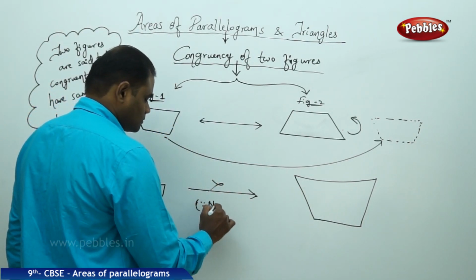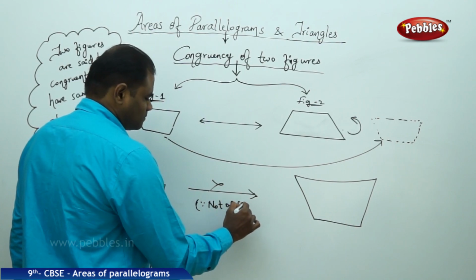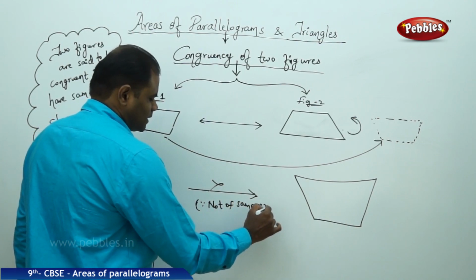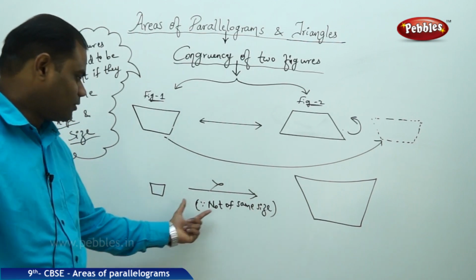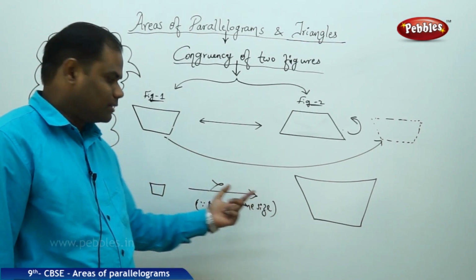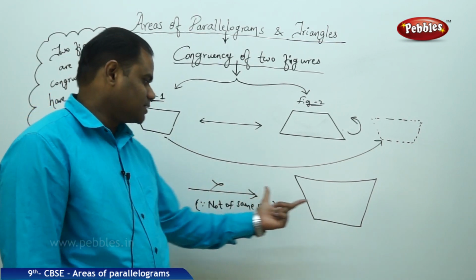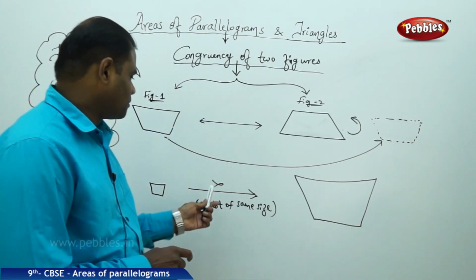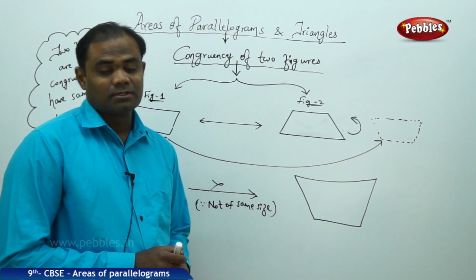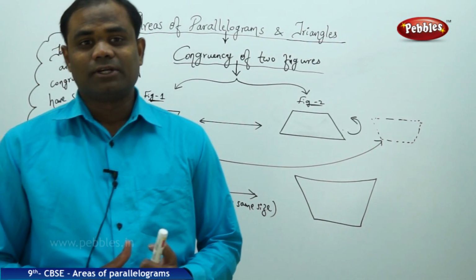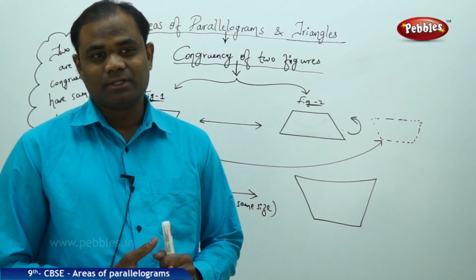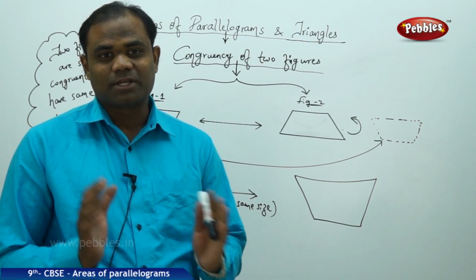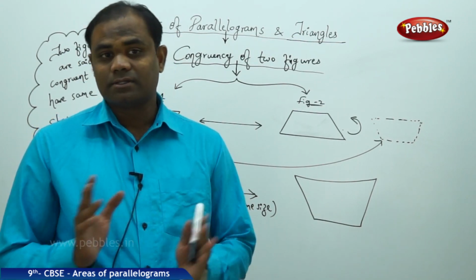Since they are not of same size, this being of smaller size and this being of bigger size, though they are of same shape, cannot be congruent. Is how we understand the congruency of two figures connected with same size and equally same shape.